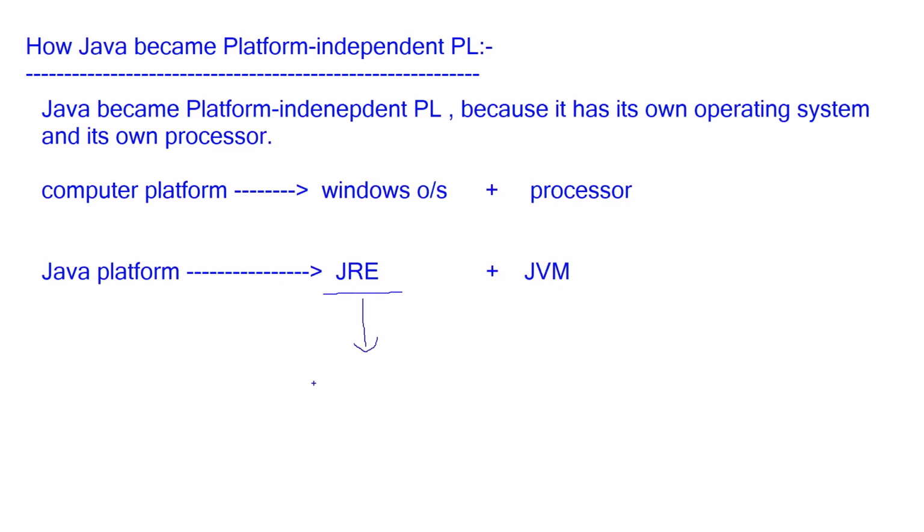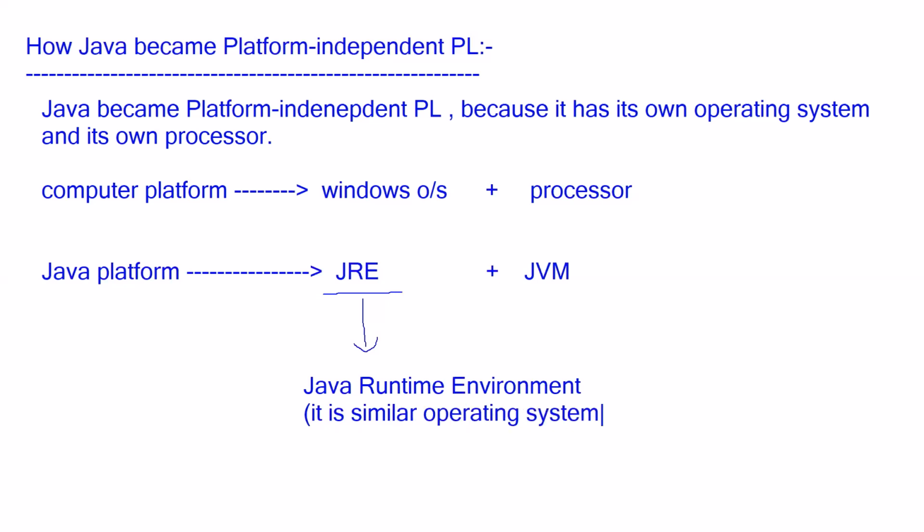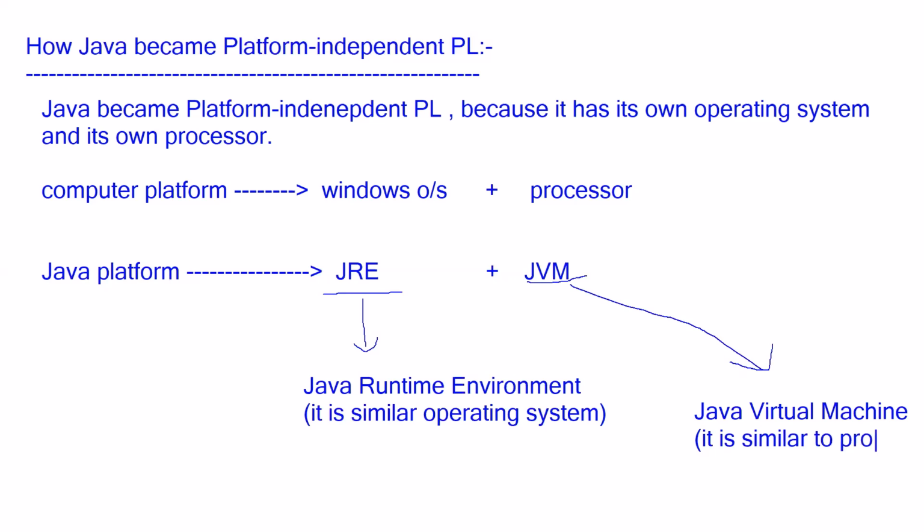So what is JRE here? JRE means Java Runtime Environment, which is similar to an operating system. And what is JVM? JVM is a Java processor. JVM stands for Java Virtual Machine, and it is similar to a processor.